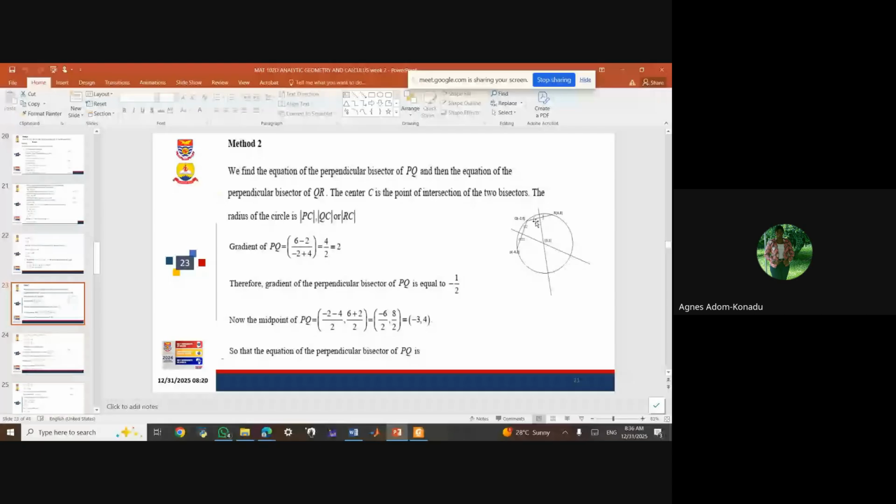Please, can you find the slope for me? PR, the slope. So you can have 8 minus 6 divided by 4 minus 2. So what do I get for that? What will be the slope of QR?